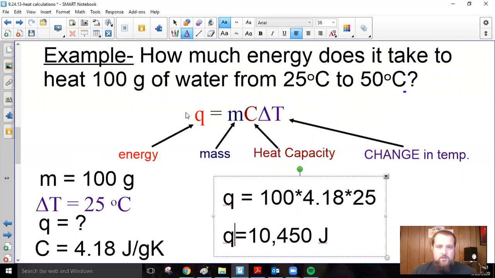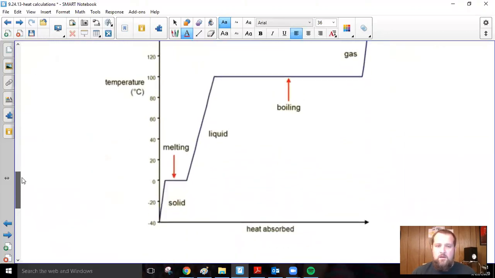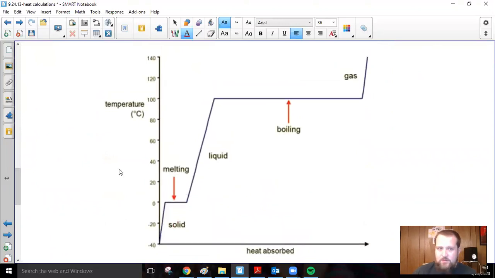The clue that you're going to use this formula is when there's a temperature change. Now, that's great for most of the time, but if we look at this heating curve, there's a couple of sections where the temperature doesn't change. What about when there's a phase change? It still takes energy to melt the substance.